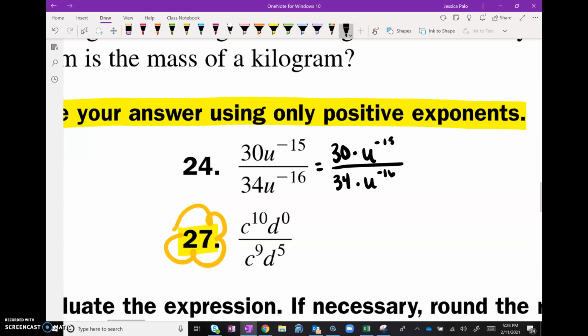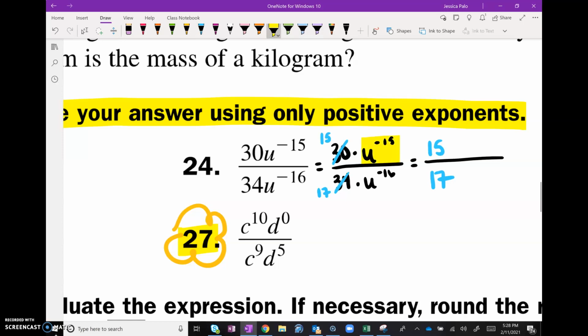Let's think about simplifying our coefficients first. 30 over 34. What number goes into both 30 and 34? 2. 30 divided by 2 is 15. 34 divided by 2 is 17. There we go. We have 15 over 17.